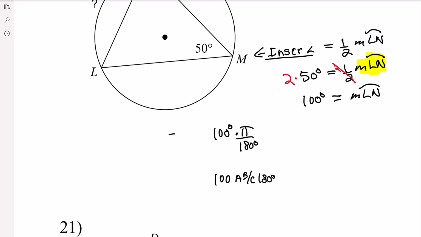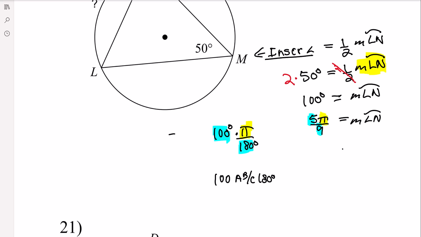That's always good practice. So the measure of arc LN is 5 pi ninths. Because remember, the pi stays. All you're typing into your calculator is 100 fraction 180, which is 5 ninths. But you have to remember to put the pi in there too.